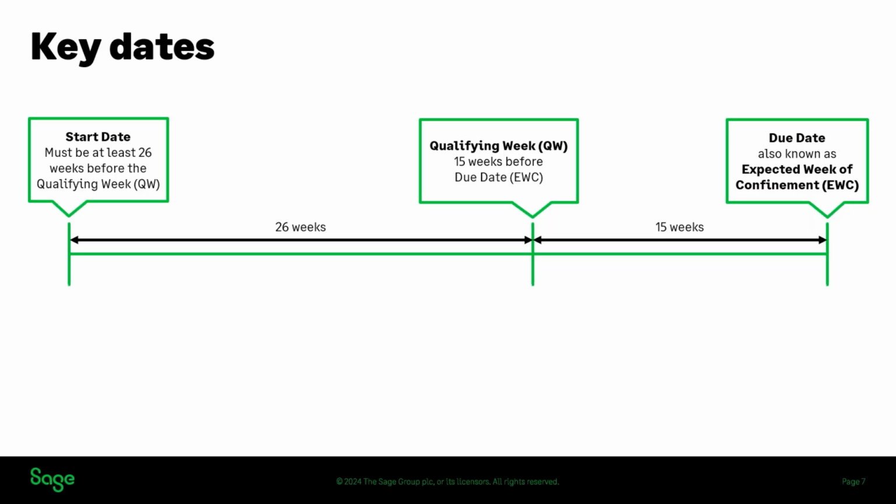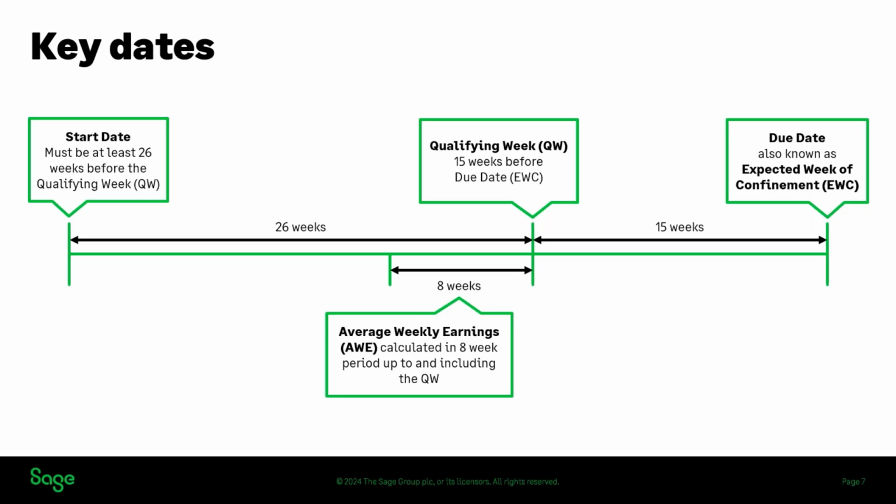So they need to be employed by you for at least 26 weeks leading up to their qualifying week. The 8-week period leading up to the qualifying week is where the average weekly earnings are calculated, and that will determine the higher rate of SMP. And the earliest date that leave can begin is 11 weeks before the due date. But if the baby does arrive before that point, SMP will start immediately on the birth of the child.